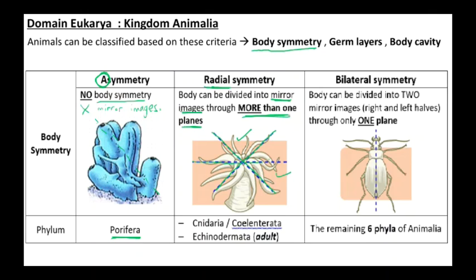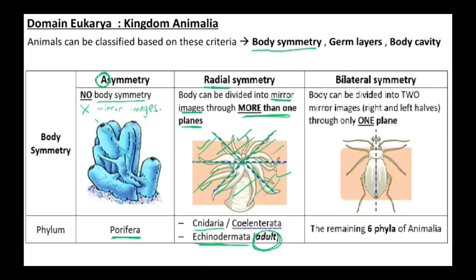If it's over here, I can get a similar half for this part. This is the meaning of symmetry, and if it's radii, that means it has more than one plane that are mirror images. Examples of organisms are in the phylum Cnidaria, or another name Coelenterata, as well as Echinodermata during adult.